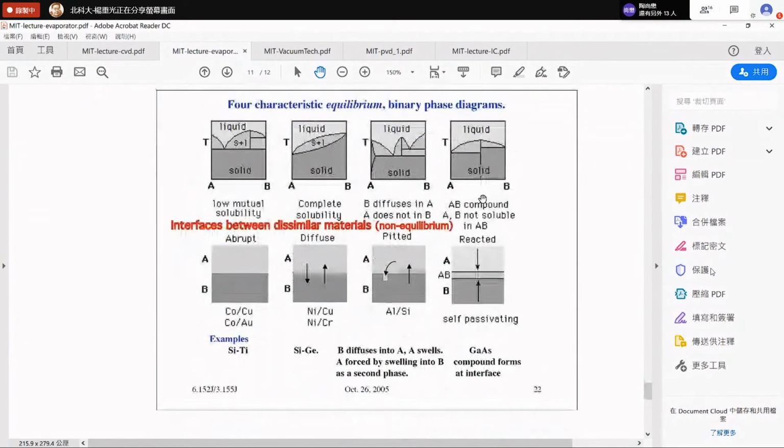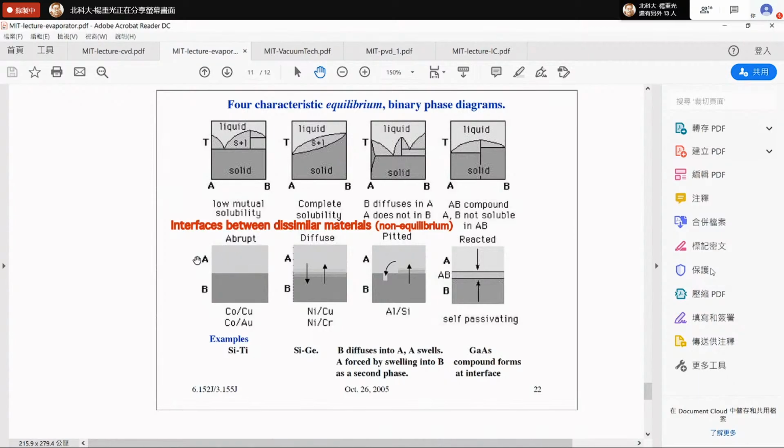So we have four characteristics about equilibrium. This is a phase diagram, and the interface between these materials makes a non-equilibrium.